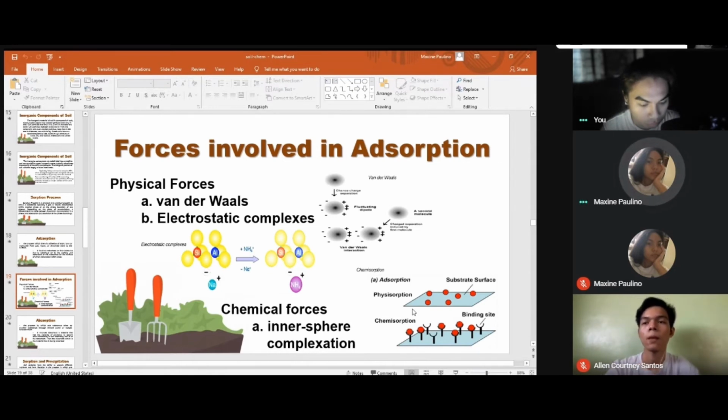When forces of attraction exist between adsorbate and adsorbent, chemical forces, that process is called chemical adsorption. Under chemical adsorption, there is what we call the inner sphere complex, when ions bind directly to the surface with no interfering water molecules. And those are the forces involved in adsorption.